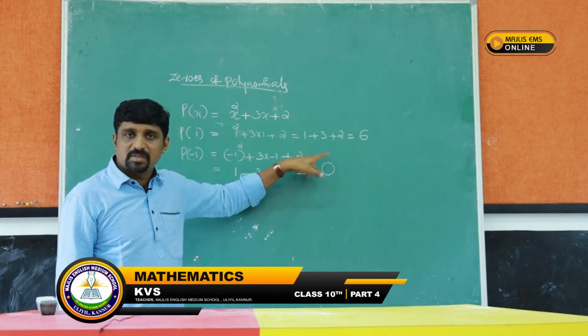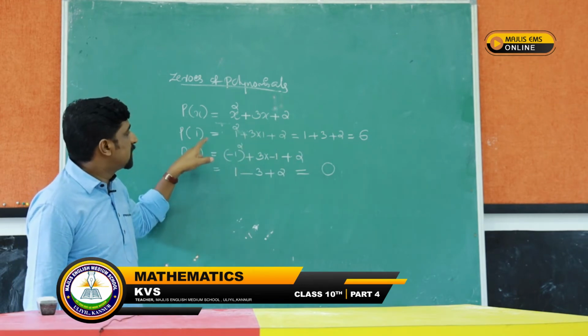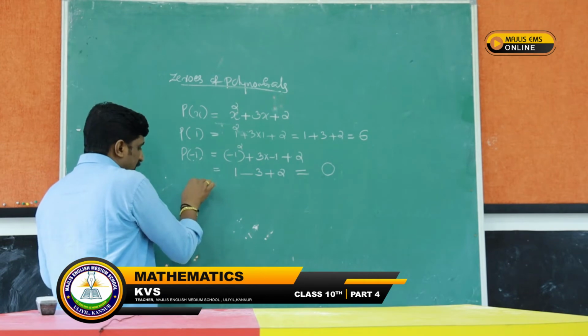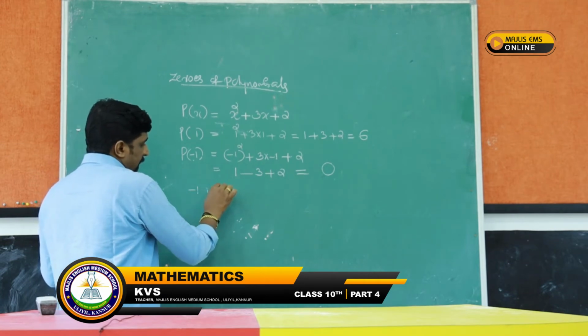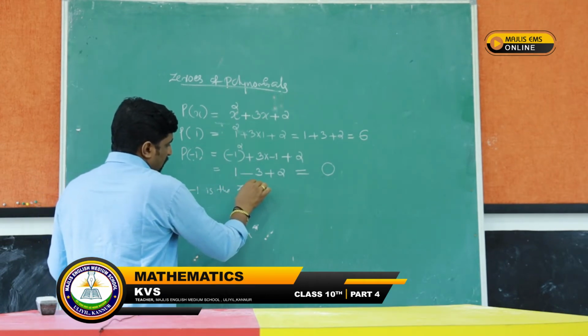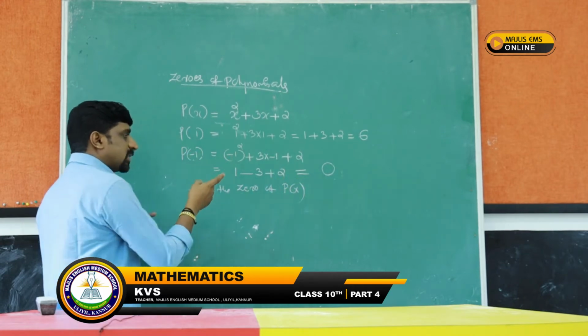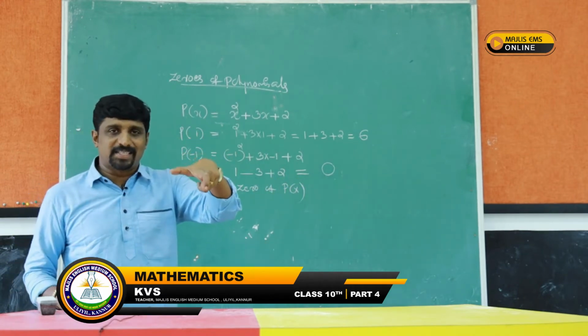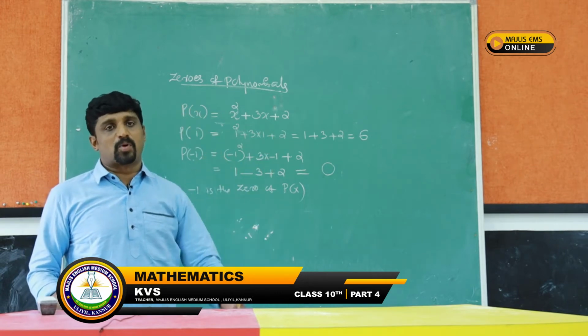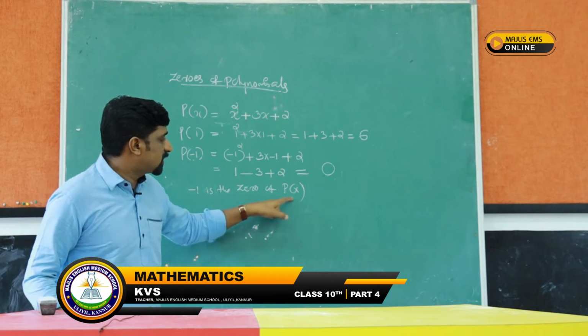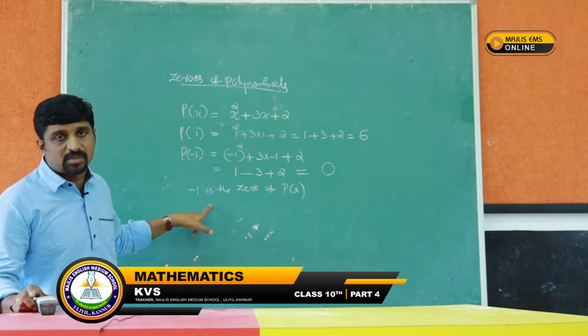That means minus 1 is a zero of this polynomial. When we get answer 0 for a substituted value, that value is known as a zero of that polynomial. Therefore, minus 1 is considered a zero of p of x.